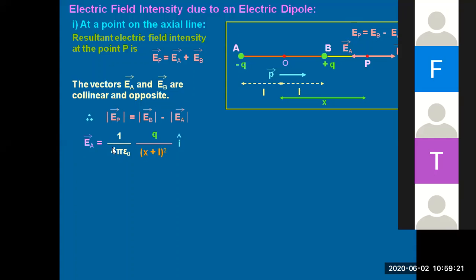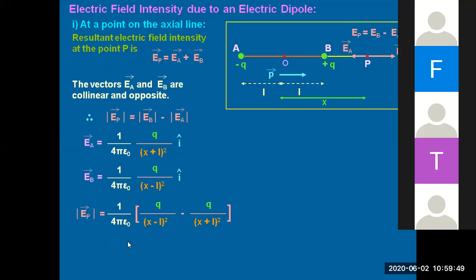EA is 1 divided by 4 pi epsilon naught, q divided by x plus L the whole square; in my previous derivation I had taken it as r, but since I've taken it as L here, we are writing x plus L the whole square. EB will be 1 by 4 pi epsilon naught, q divided by x minus L the whole square. This is for the positive charge and this is for your negative charge.